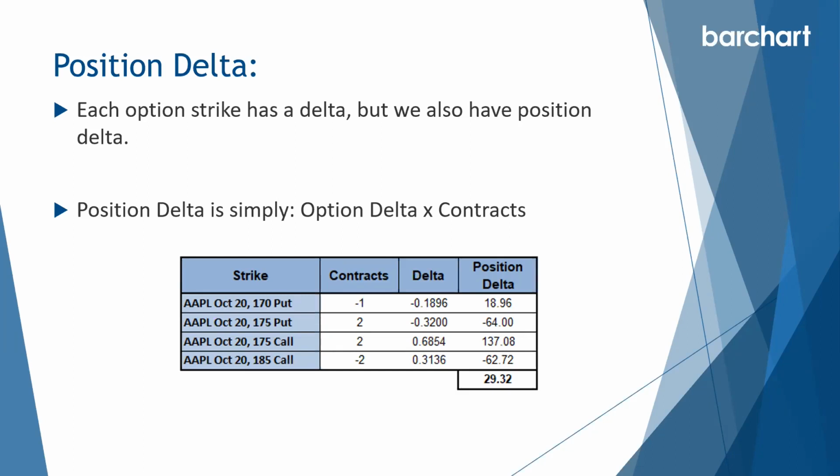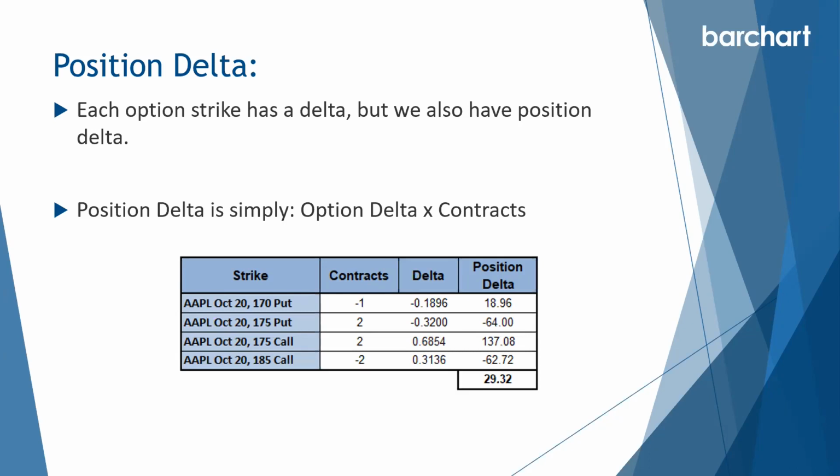We say 31 delta rather than 0.31 delta. It's kind of a shorthand way. So even though the delta is 0.31, we say it's a 31 delta call option. So -2 times 31 is 62 negative. So selling a call option has an overall negative position delta, even though the call option itself has a positive delta.